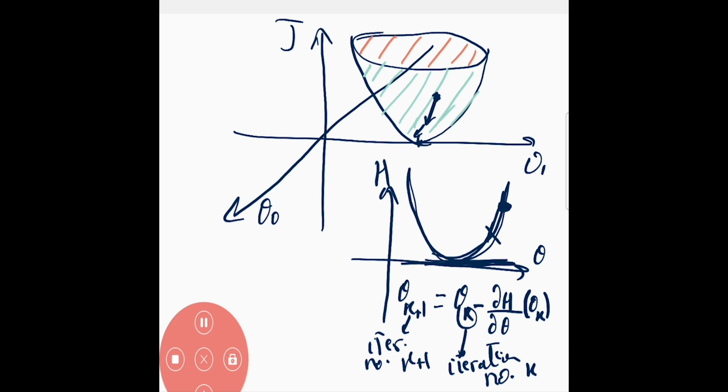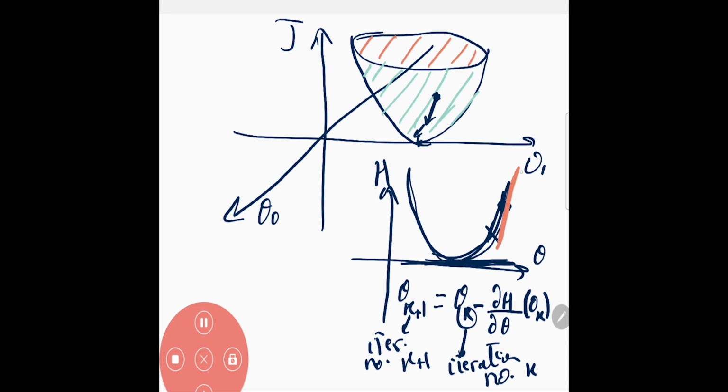And this means that if we repeat this operation over and over, we'll eventually reach the point that minimizes the function h. The reason behind that is, if we happen to be at this particular theta k value here, and we compute the derivative, we will find that the slope looks like this.